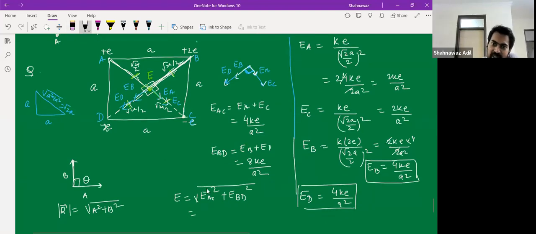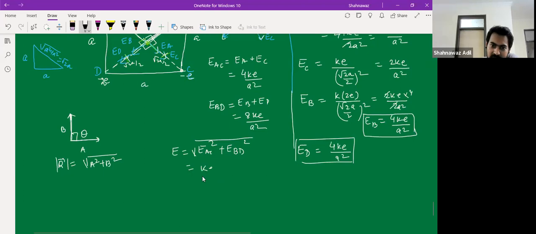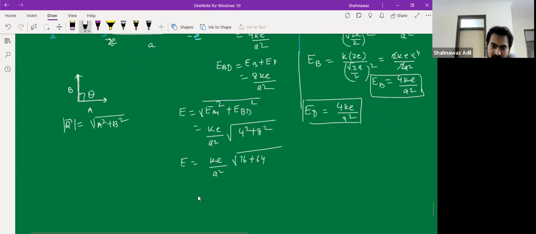Let's take K square common, so this would be 4 square plus 8 square. So this is K square times 16 plus 64. So this would be simply root 17.